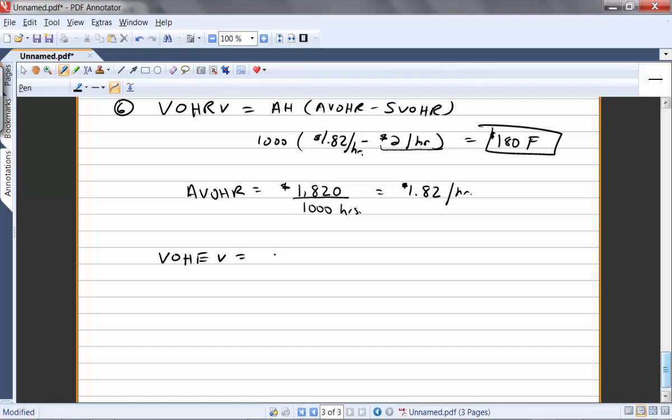And then the overhead efficiency variance would be take the standard variable overhead rate, multiply it by the actual hours minus the standard hours, or the actual quantity of whatever drives overhead minus the standard quantity. But since the cost driver is labor hours, we can just call it SH and AH instead of AQ and SQ. So we know the standard variable overhead rate's 2, we know the actual hours is 1,000, and we know they should have worked 900, right?